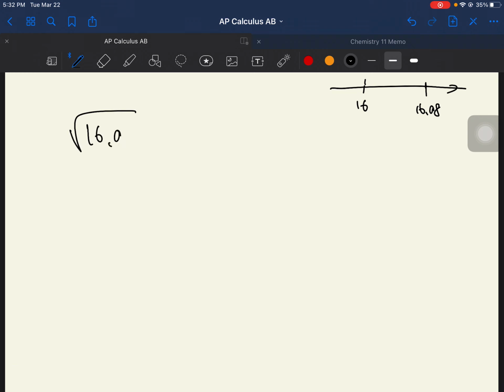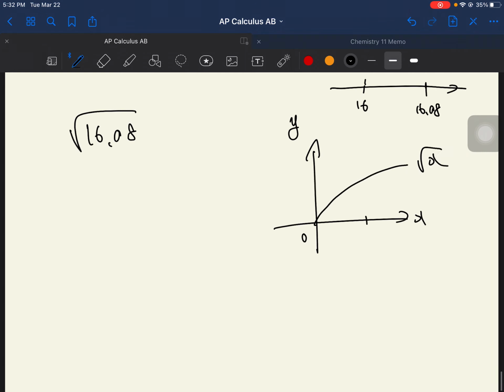So let me try it again. 16.08. So first, this is the square root of x form. So when x equals 16, y value is 4. But again, you want to find the value of 16.08.